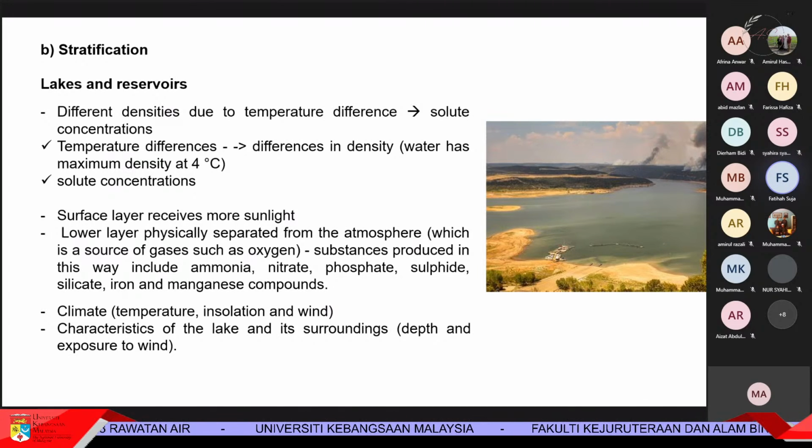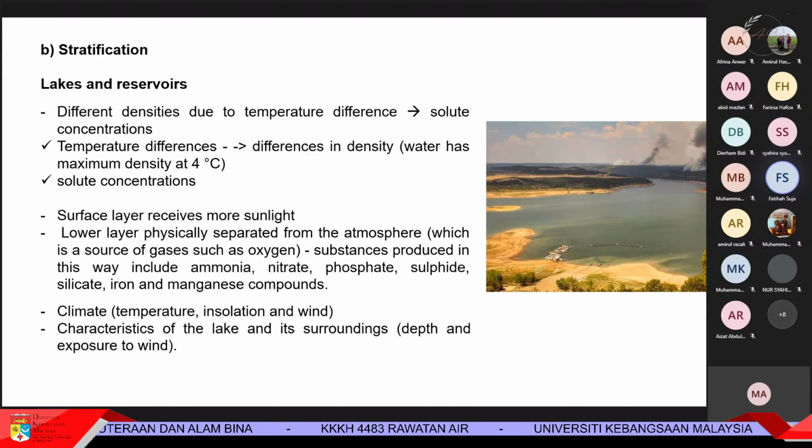When you have different temperatures, maybe at the surface and the lower water body, one floats on the other, because temperature has an effect on density and they will have different densities.